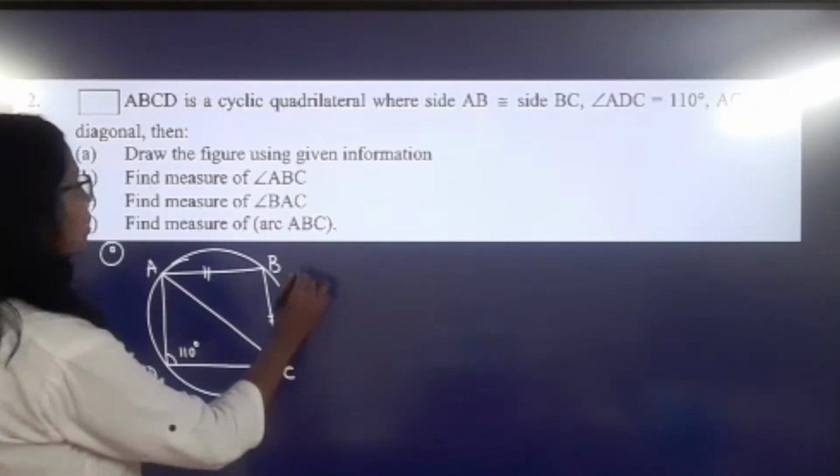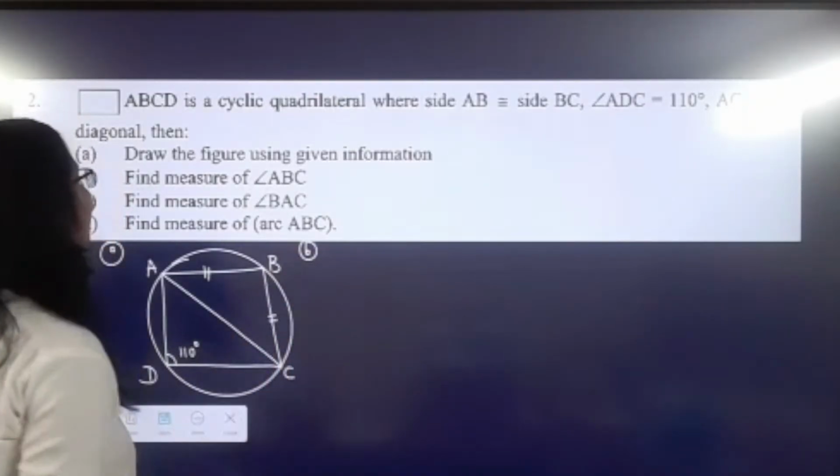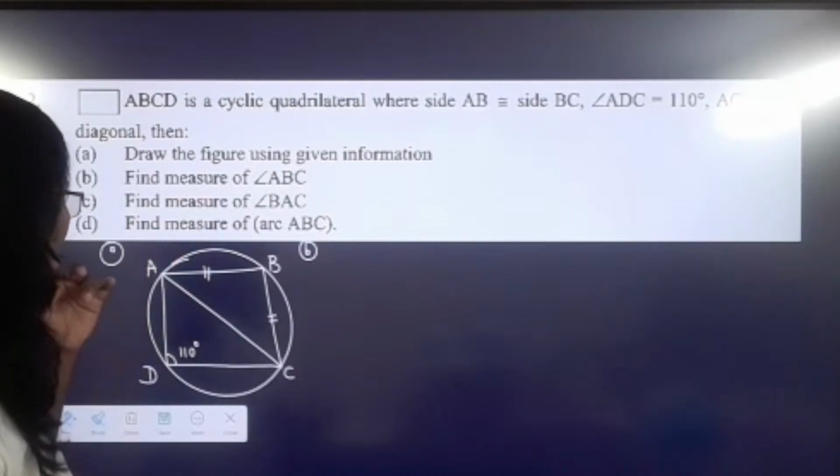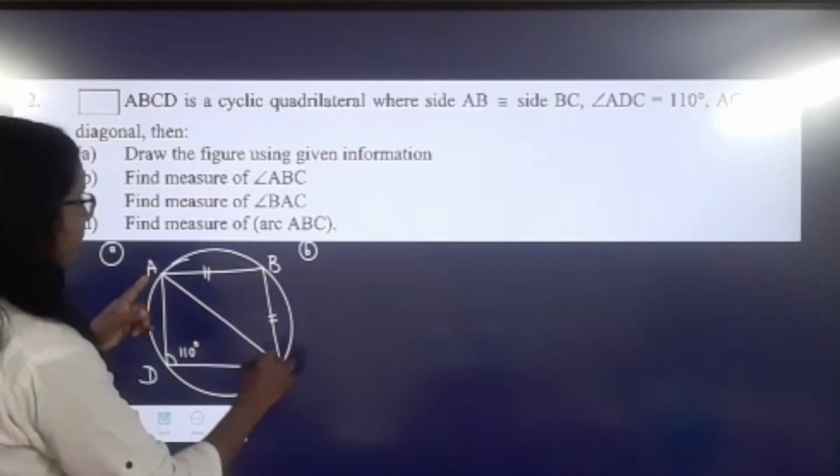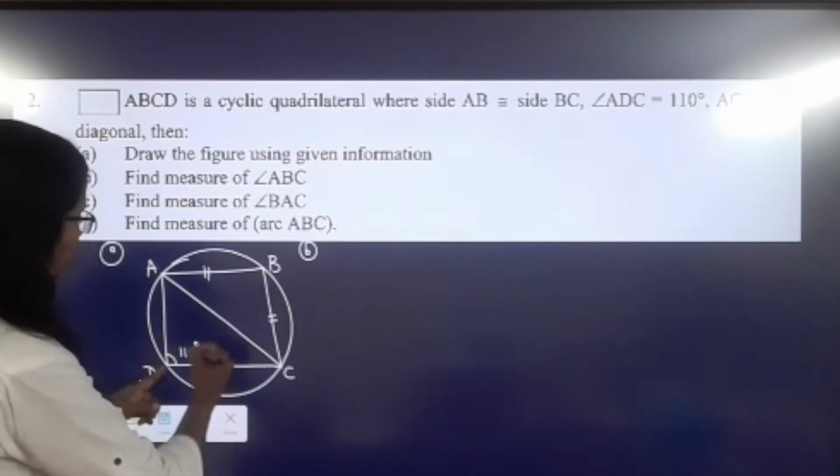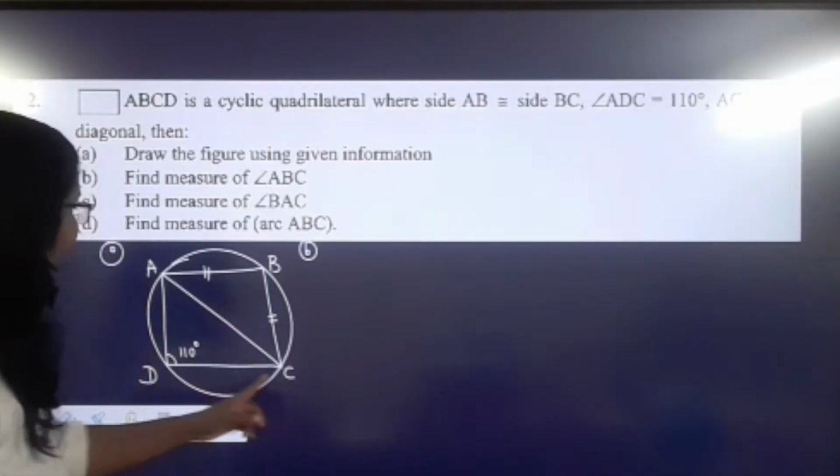Okay. Then, students, the B part: find the measure of angle ABC. Okay. Angle ABC is the opposite angle of angle ADC.